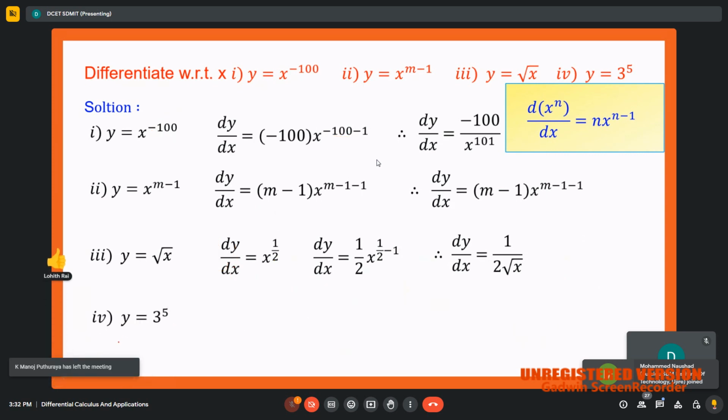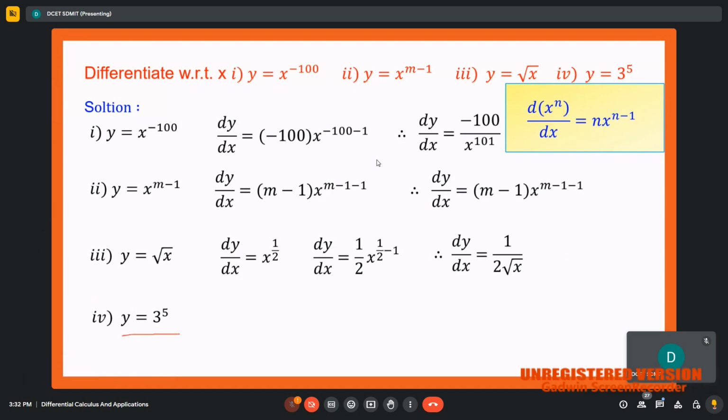Okay. Now, what is the differentiation of y is equal to 3 to the power of 5? Is it 0, correct? Differentiation of 3 to the power of 5 is 0.